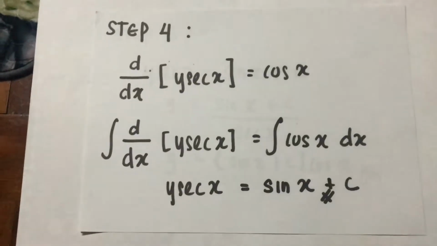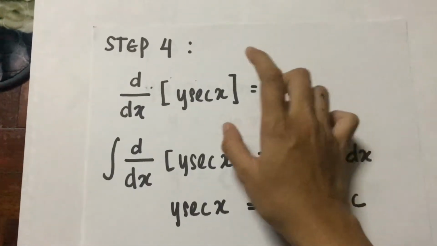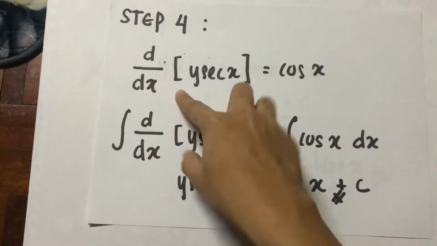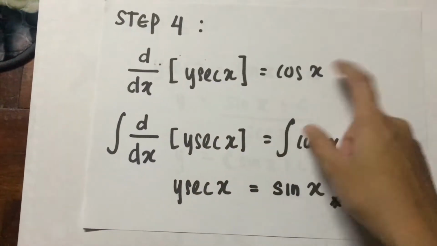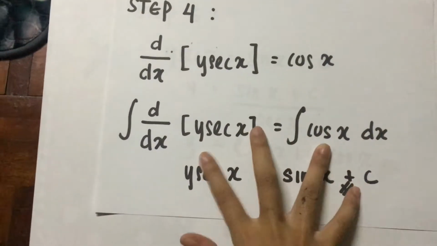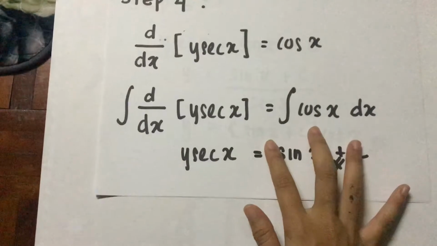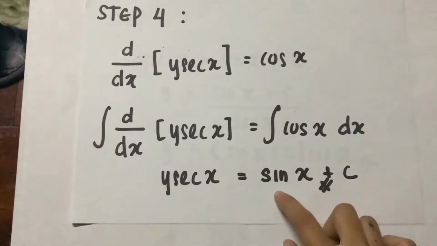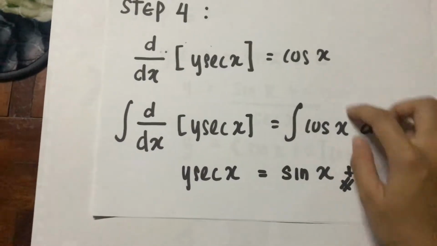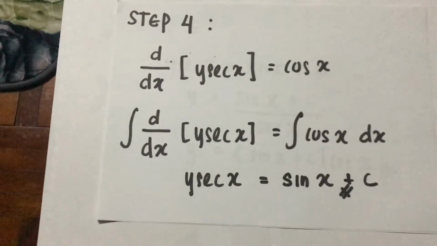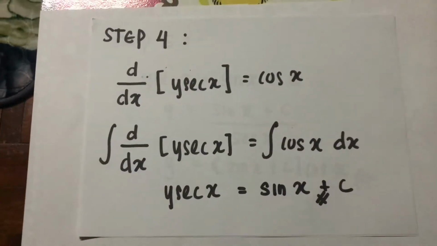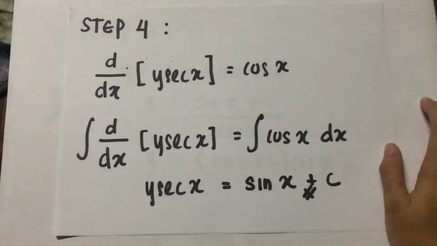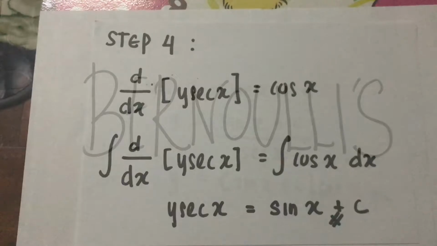And the last step, we're going to integrate: d over dx of y sec x equals cos x. Integrate both sides, and we have found that y sec x equals sin x plus c, because this is unknown. So after this, we're going to continue with the determination of the integrating factor.